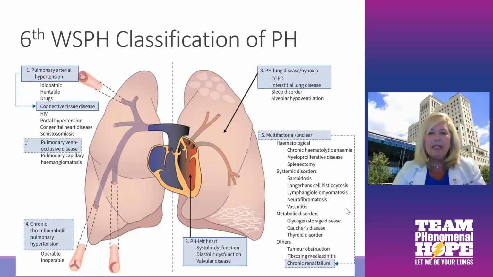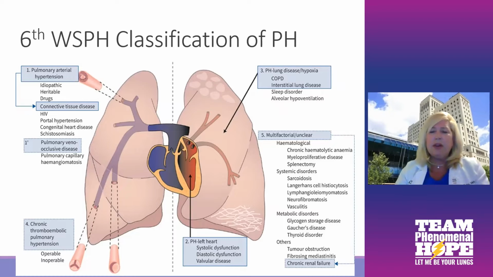The first one is pulmonary arterial hypertension due to idiopathic causes. We don't really know what causes this, to be quite honest. Patients develop it for unknown reasons. And along in this group 1 is also heritable. There are definitive genes that we've identified that patients inherit, and this goes into the group 1 as well.